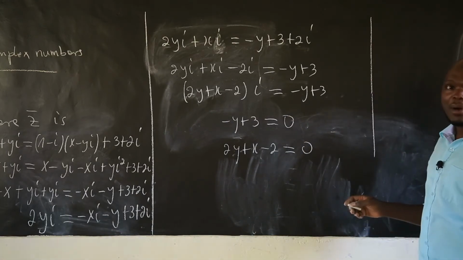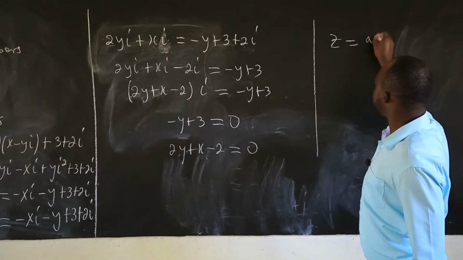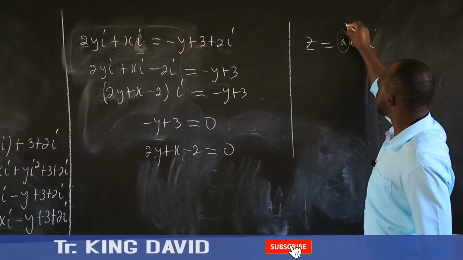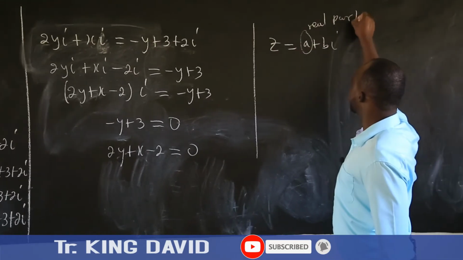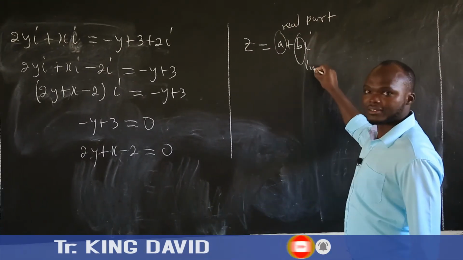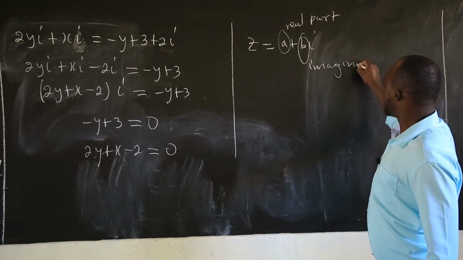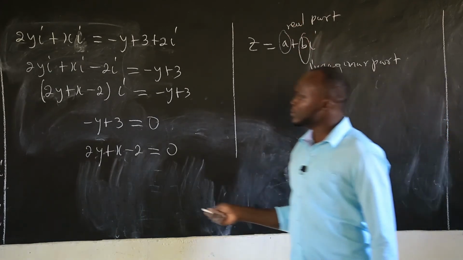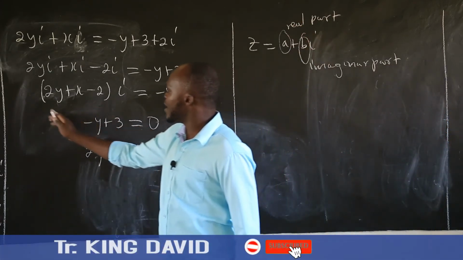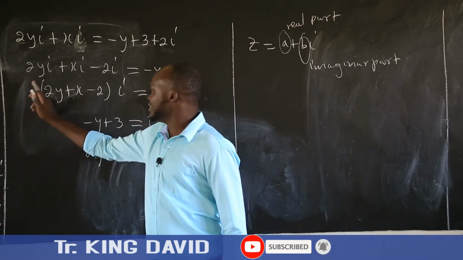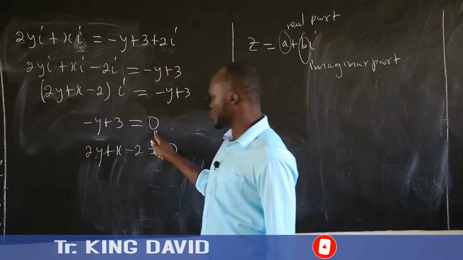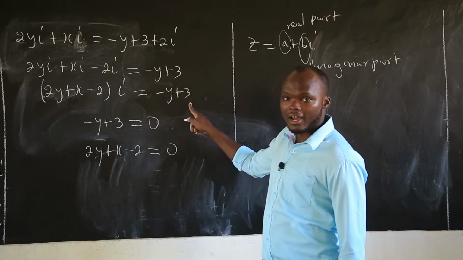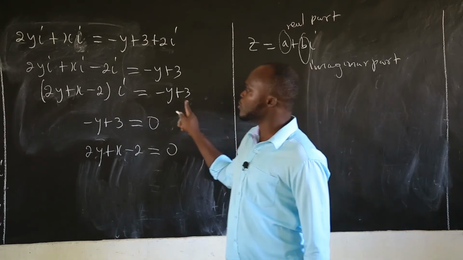I'm saying that, remember, when you have z equal to a plus bi, this z contains a real part and an imaginary part. But when you look here, we don't have a real part, so that means the real part of this side, the left-hand side, is equal to 0.